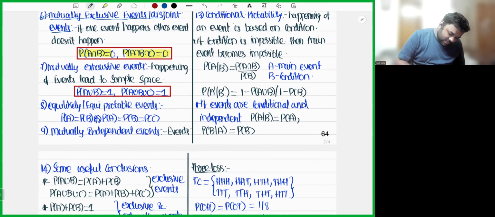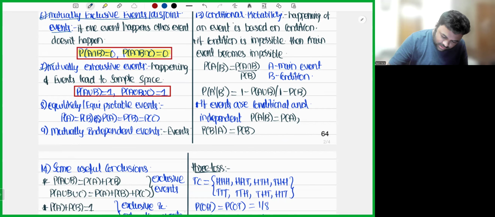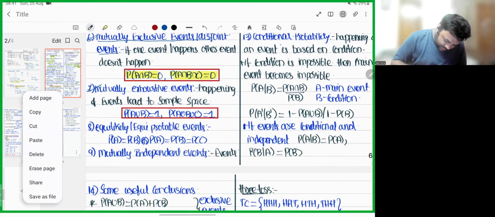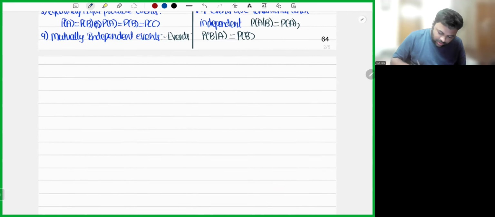Next, mutually exhaustive events. Mutually exhaustive events means the happening of events leads to the sample space. That is, if you add the events and it leads to the sample space, we call them mutually exhaustive events. Like, say, for example, my dear friends, you are tossing a coin.